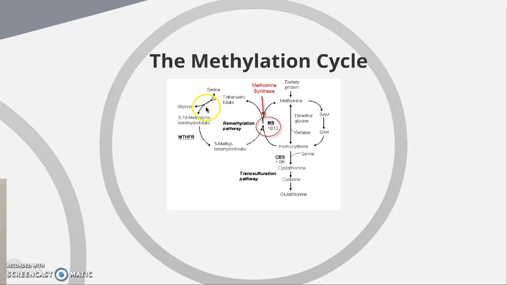Then we go from tetrahydrofolate to 5,10 methylene tetrahydrofolate, and right here with our MTHFR enzyme we convert to 5-methyl tetrahydrofolate, our main methyl donor in the folate pathway. This feeds right here into the methionine synthase reaction, with B12 as a coenzyme for the conversion of homocysteine to methionine. And then you can see this cycle playing out here.